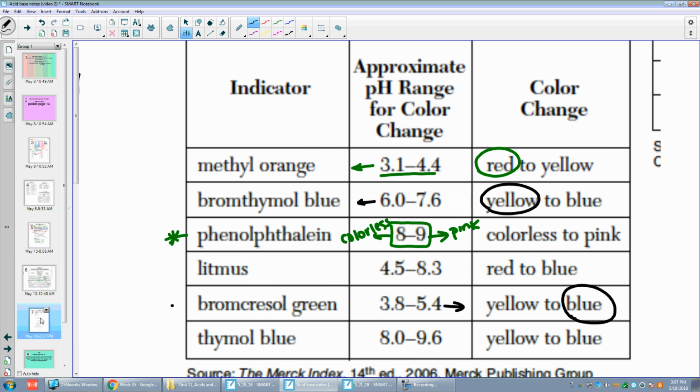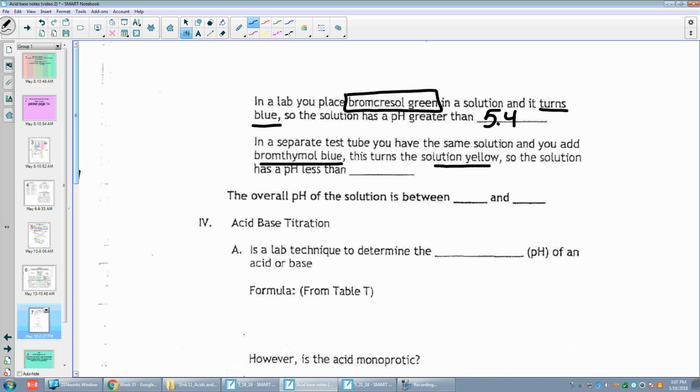So the same solution has to be somewhere between those pHs. It's got to be greater than 5.4, but it's got to be less than 6.0. So between 5.4 and 6.0, somewhere in there. So I can use multiple indicators to decide what my pH is.